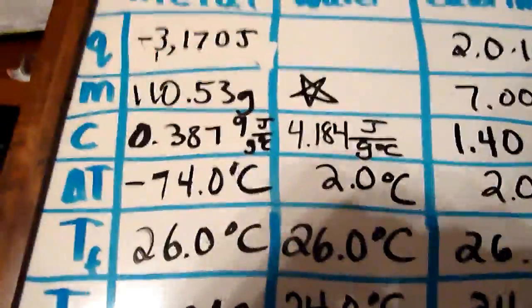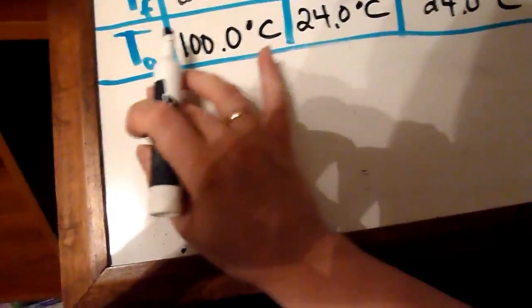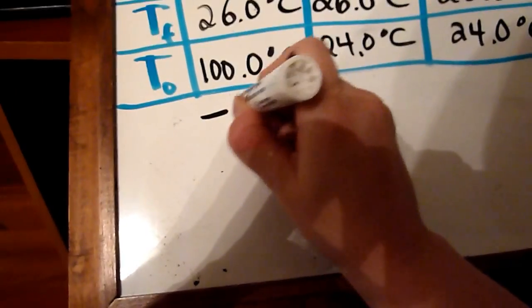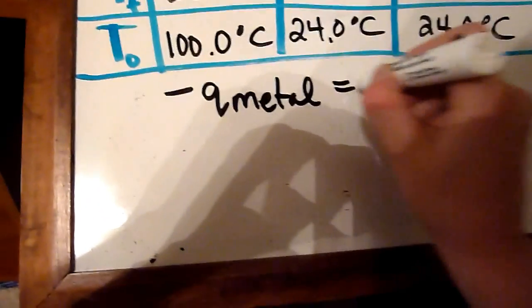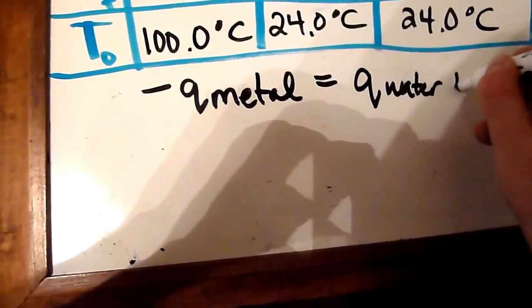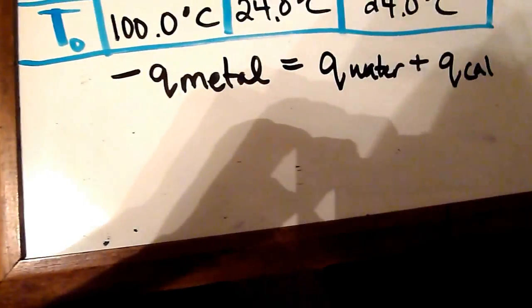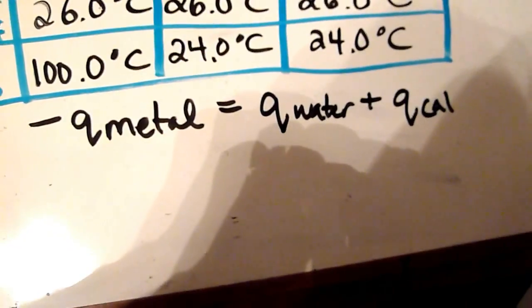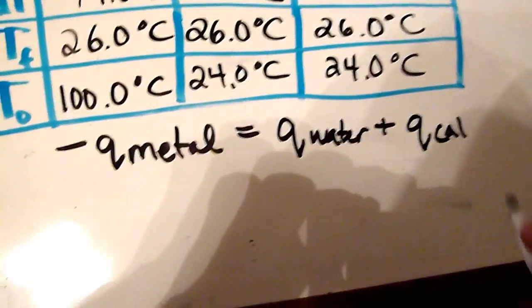Which isn't hard because we also know, according to our calorimetry theory, that all of the heat that the metal lost is going to be gained by the water and the calorimeter, right? In a calorimetry situation, our goal is to not allow heat to be lost or gained from the surroundings.